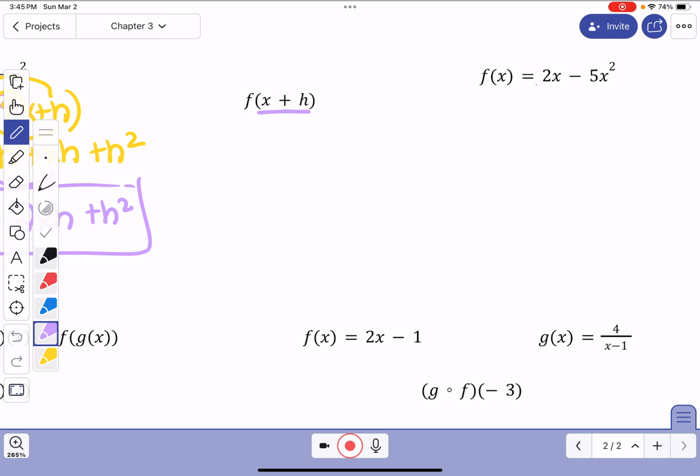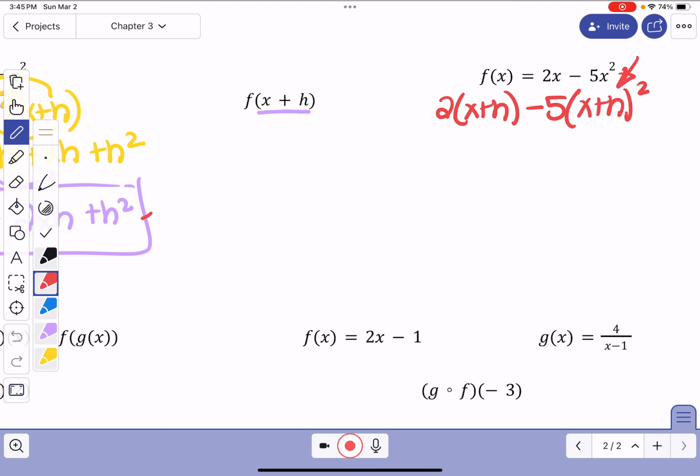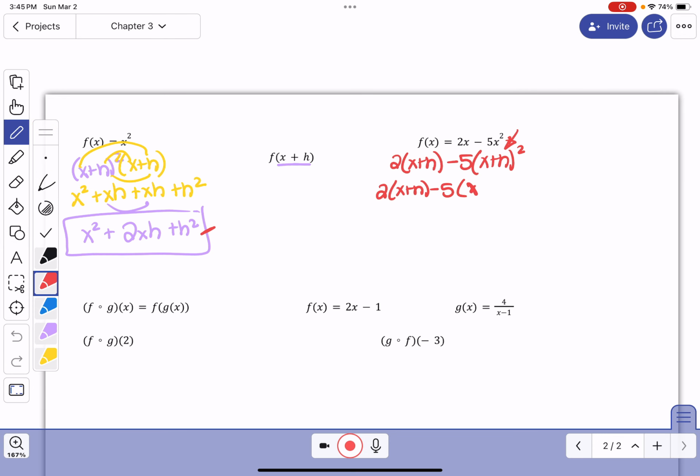If we did the same thing over here, again, it's the same process, it just has an extra term. So we would start by saying 2 times x plus h minus 5 times x plus h squared. Now we just did this over here, so I'm just going to transfer that. So x plus h squared was x squared plus 2xh plus h squared.